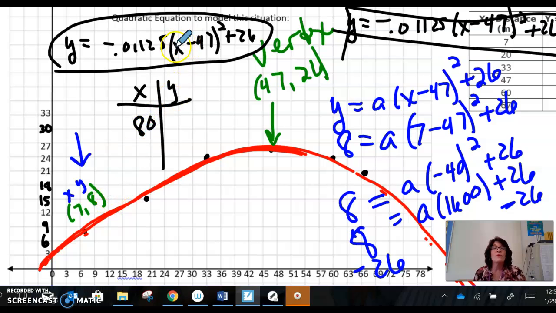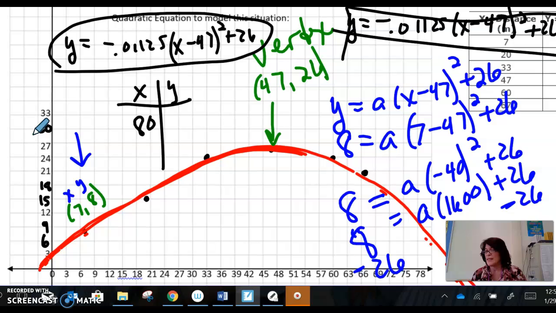Okay, so I'll put 80 in for x. That's what the original question was. 80 minus 47 is 33. 33 squared is 1089. 1089 times negative 0.01125 is negative 12.25.